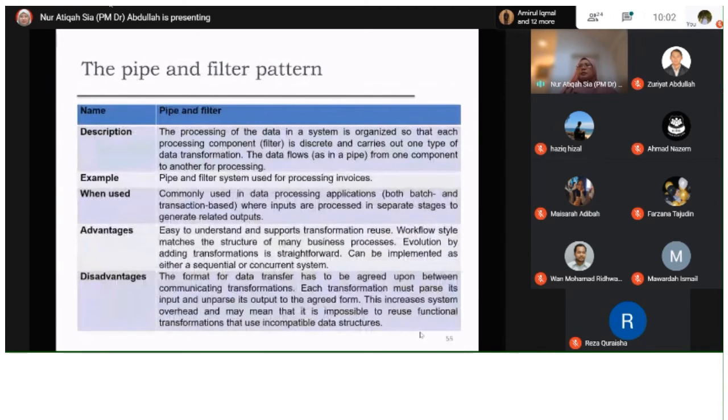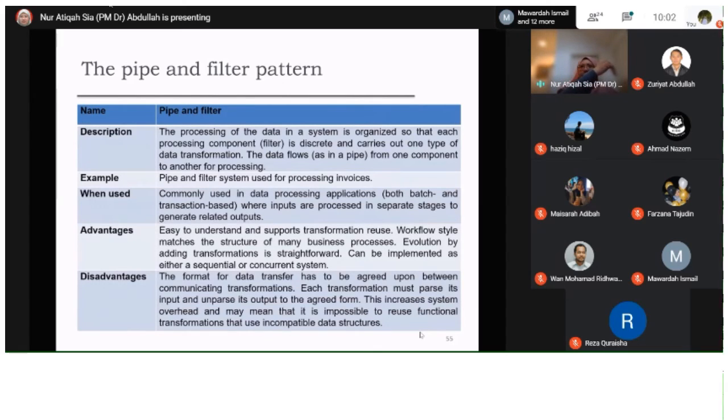Okay, this is the tabular description of it. When you want to use it, commonly used for data processing applications. Bermaksud you ada clear input, go through certain processes and come up with the outputs. Easy to understand. Workflow type, kena ada workflow, ada business processes, very clear cut. Disadvantage of it actually the format of the data transfer.